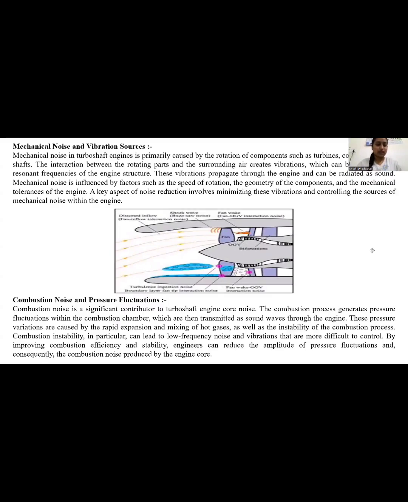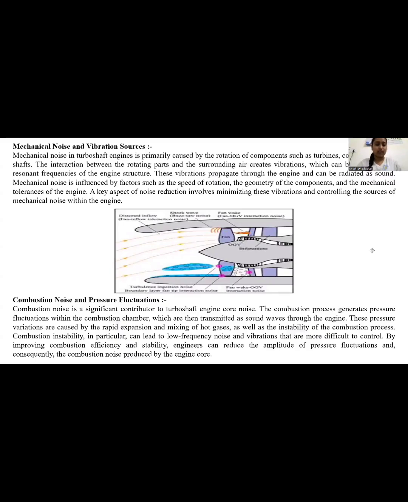Next, the combustion noise and pressure fluctuations. Combustion noise is a significant contributor to turboshaft engine core noise. The combustion process generates pressure fluctuations within the combustion chamber, which are transmitted as sound waves through the engine. These pressure variations are caused by the rapid expansion and mixing of hot gases as well as the instability of the combustion process.